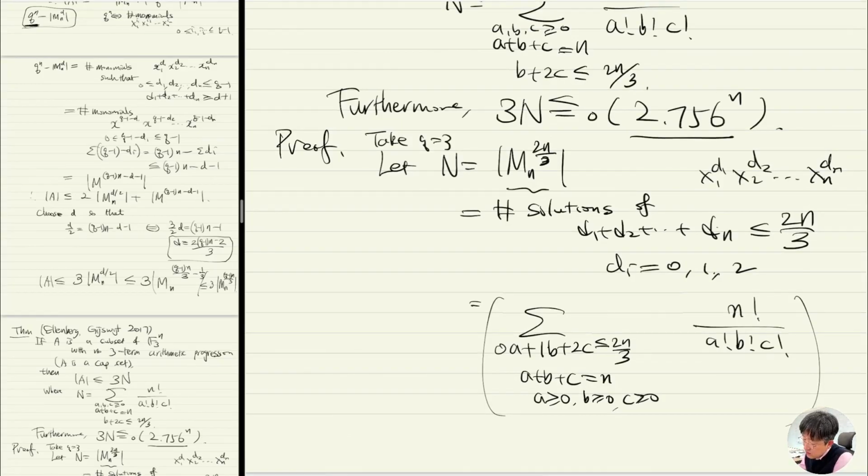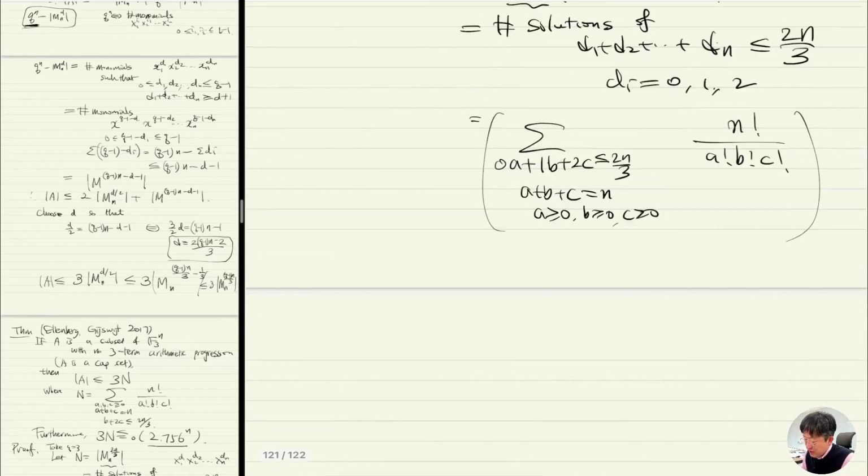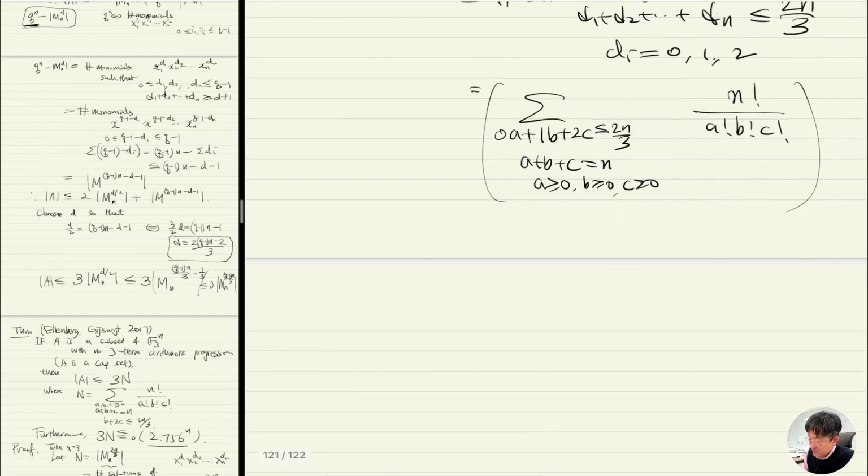Now, how do we get 2.756? This is where we're going to use a polynomial. Think of the following polynomial: 1 plus x plus x squared, to the power n. What's going to happen?